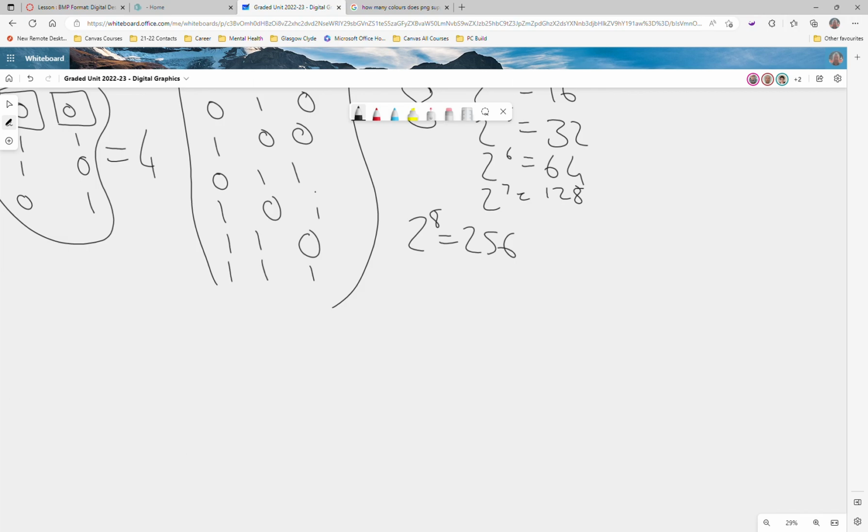So I'll jump out a few. What's 2 to the power 16? Use your calculator if you want. 16.7 million, I'm just going to throw that guess in there.